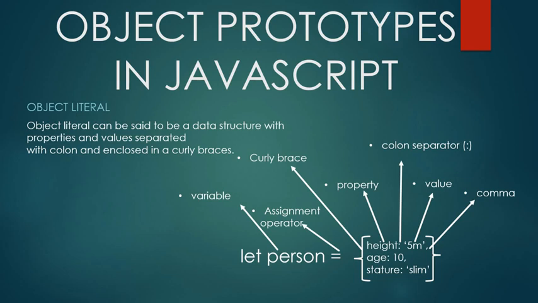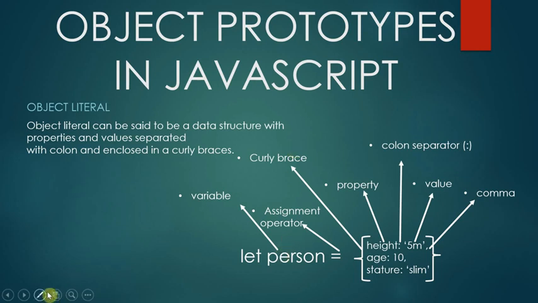What are its properties or nature or characteristics? It's simply a property that has values, separated with a colon and enclosed in curly braces. You can see it here, and this is an object that has been declared.